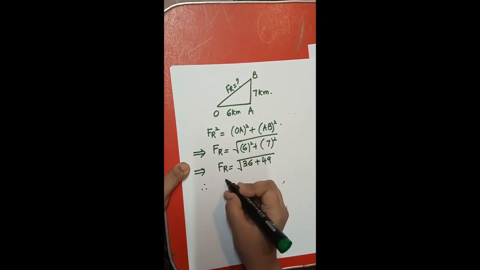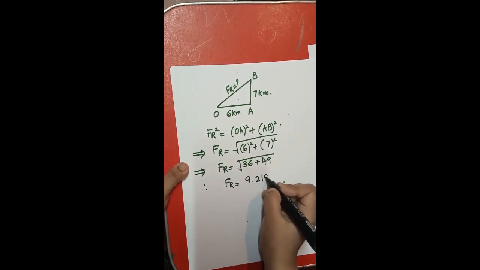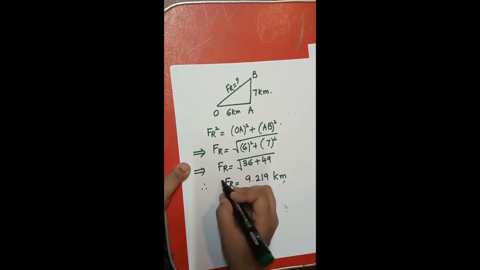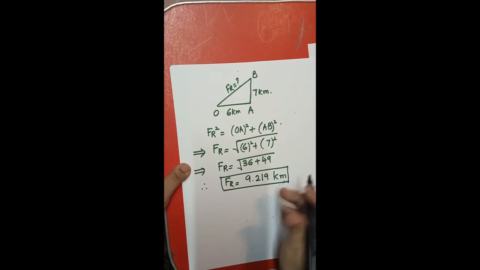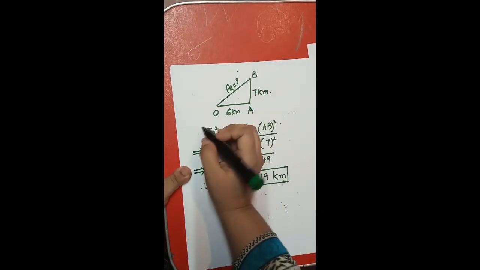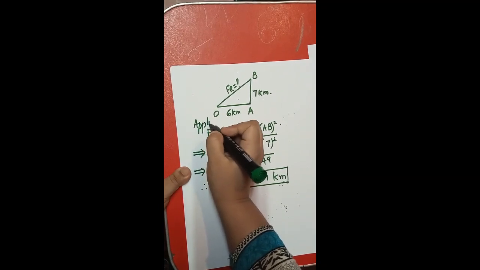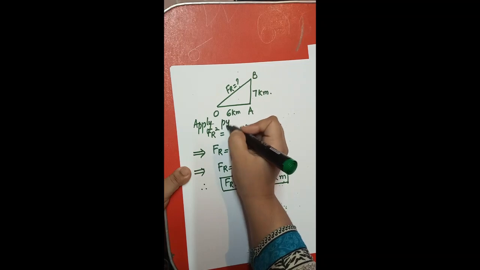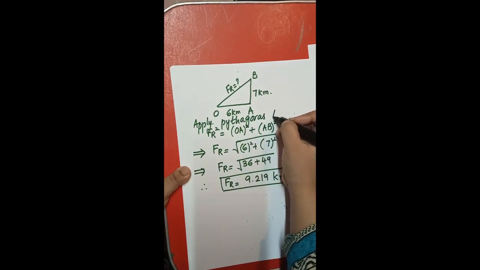So Fr comes out to be 9.219 kilometer. If we have a right angle triangle, we always have to apply the Pythagoras theorem.